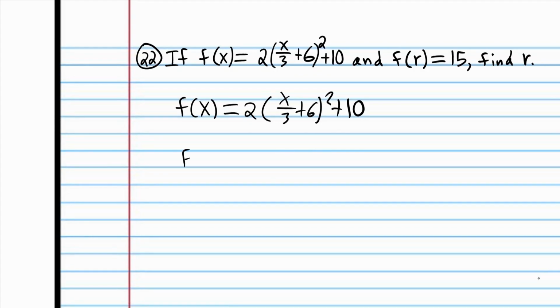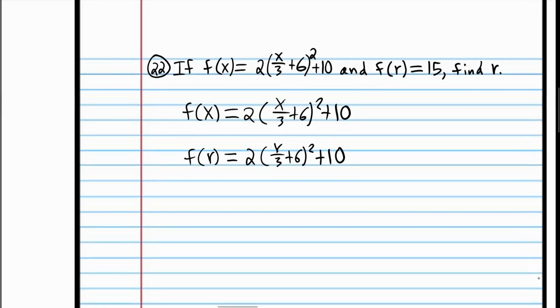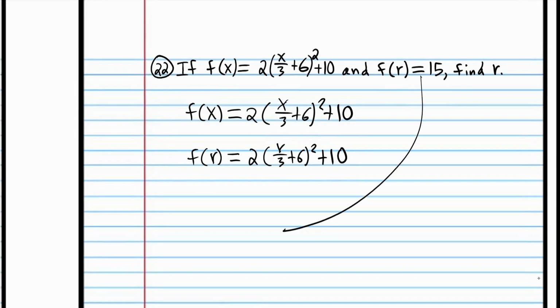And if that's true, then f of r is equal to the same expression, just with r instead of x. But we're told that if you plug in r to the function, you get 15 for the output.